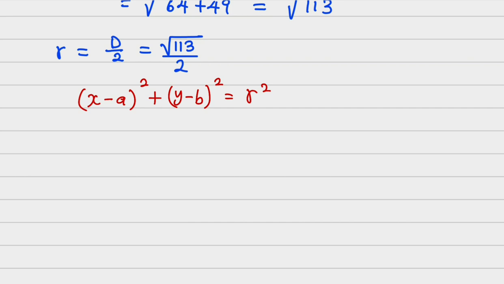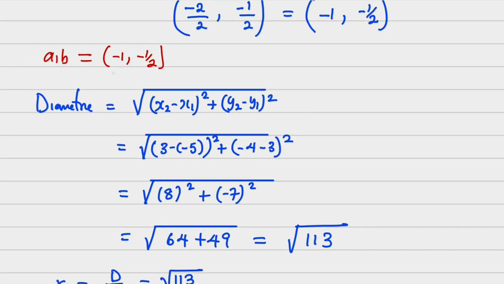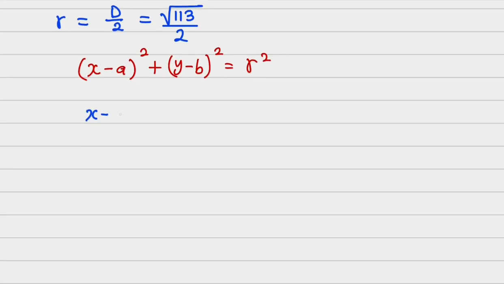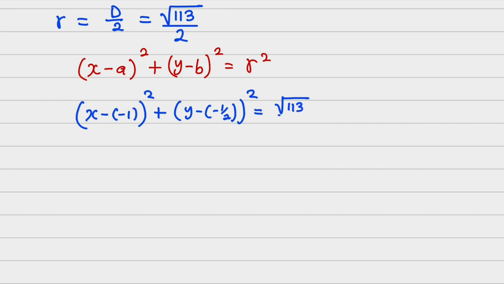So I'm going to fix everything in here. Let me show you: this represents my a and this represents my b. So I have (x − (−1))² + (y − 1/2)² = (√113 / 2)².